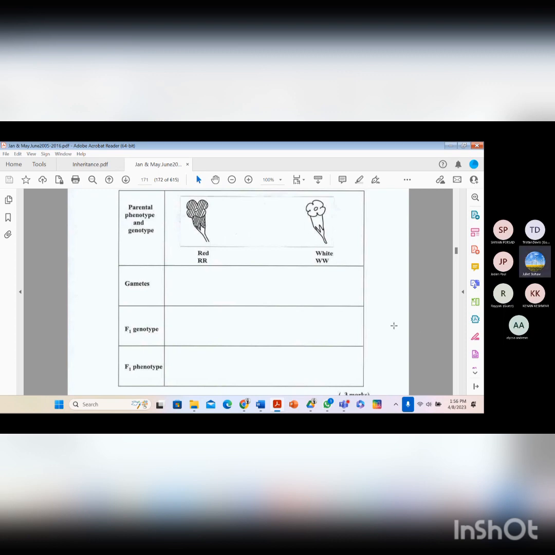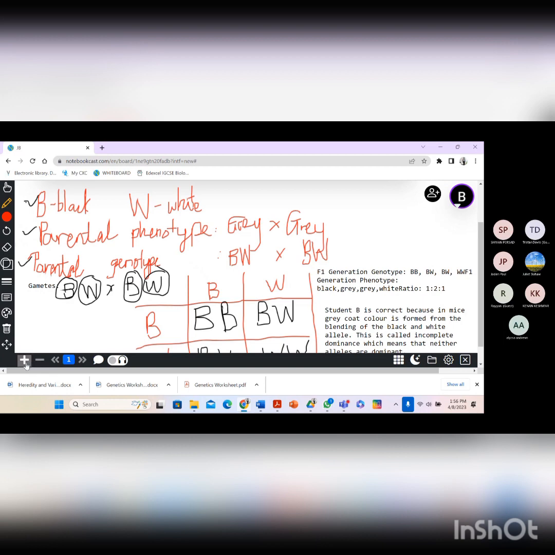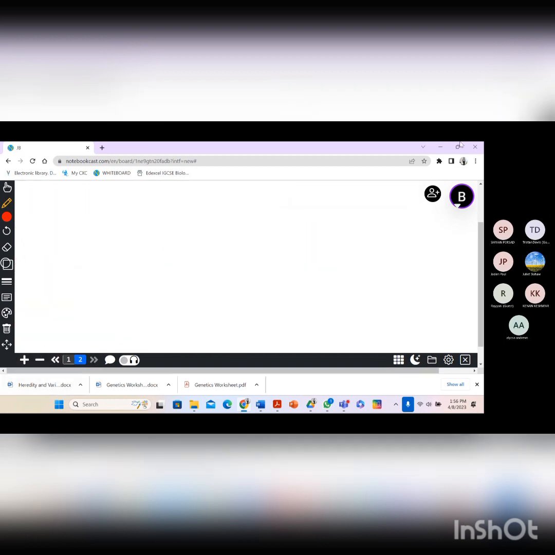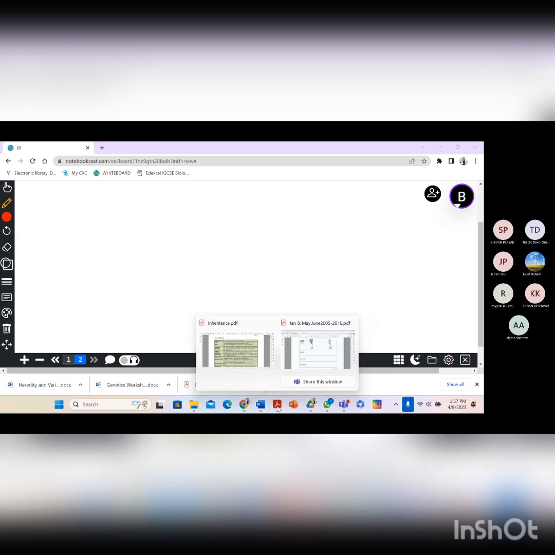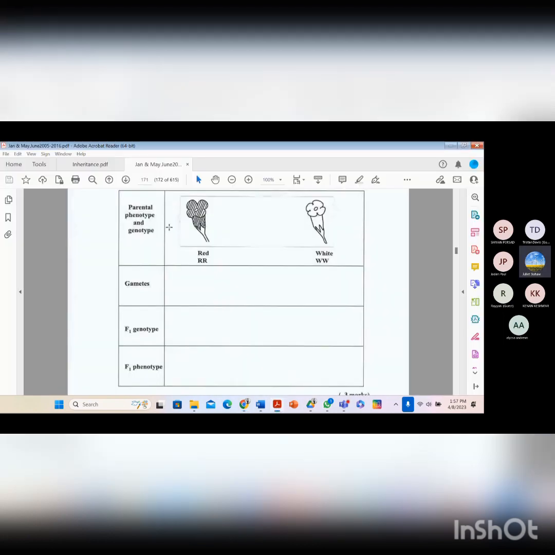Okay, I'm going to work this one out. I'm not sure where the others reached. Miss, I want to see you do it because I'm not sure if my answer is correct. All right, no problem. Let's extract this information. They have red and white that is crossing here.